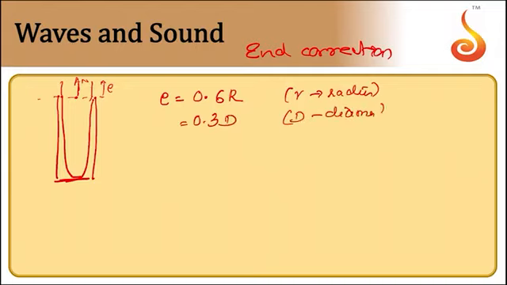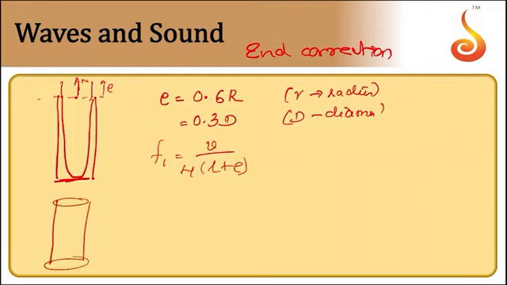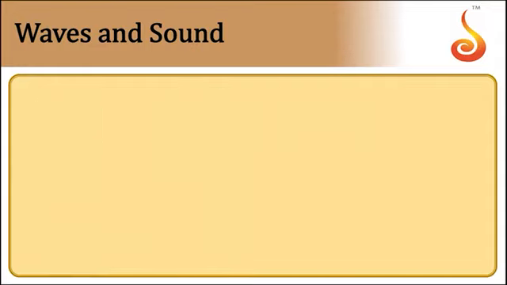Thus, if it is a closed pipe, the fundamental frequency actually becomes V by 4 times L plus E. And in the case of an open pipe, I have to consider the end correction at both the ends, and therefore for the open pipe, it is V divided by 2 times L plus 2E. So remember this important information as far as the end correction is concerned.